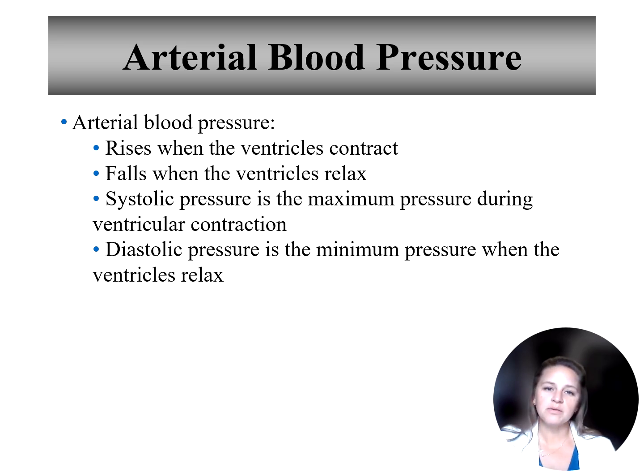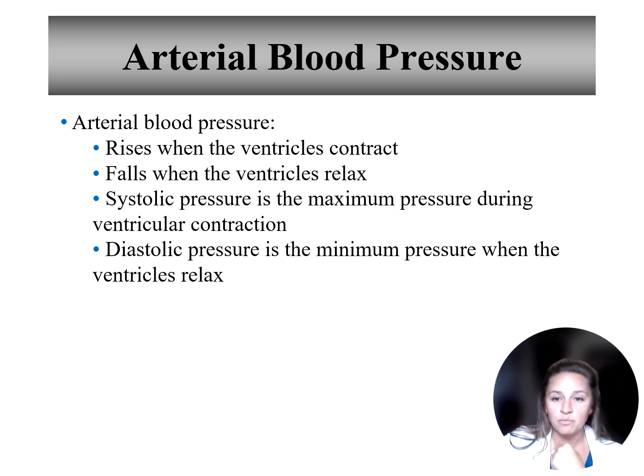So arterial blood pressure rises when the ventricles contract, and then it falls when the ventricles relax. So contracting and relaxing. Systolic pressure is the maximum pressure during ventricular contraction, and diastolic pressure is the minimum pressure when the ventricle relaxes.